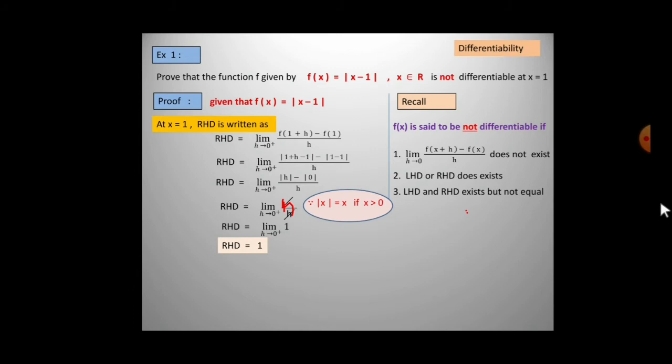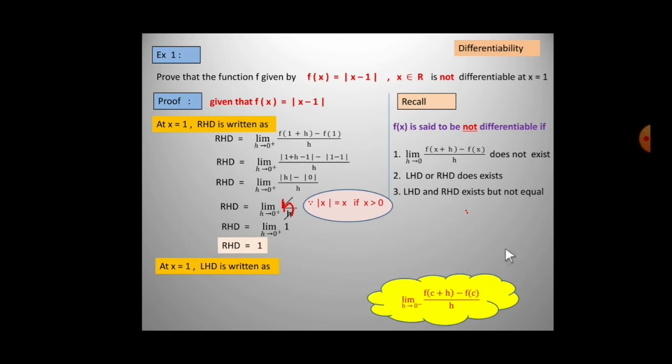Okay. In the same way you find out left hand derivative. Now first see left hand derivative formula. Limit as h tends to 0 minus f of c plus h minus f of c divided by h. Same formula, but h is tending to 0 from lesser than 0, that is 0 minus we denote.